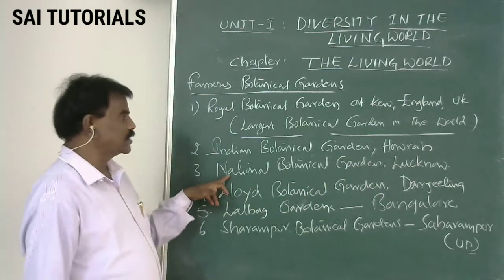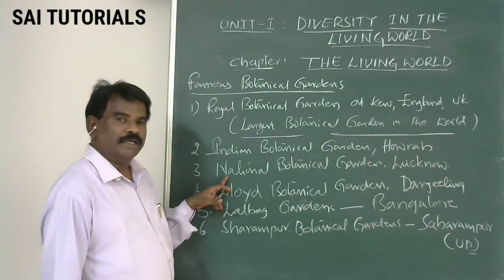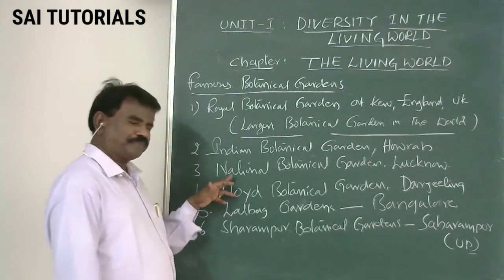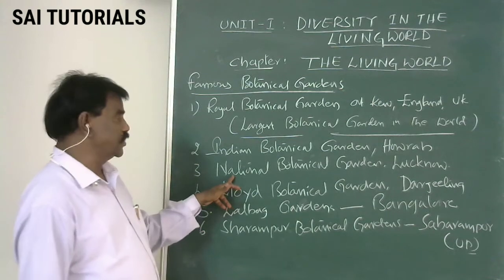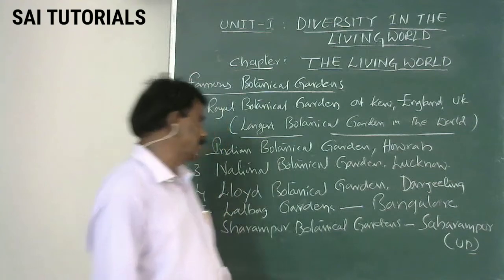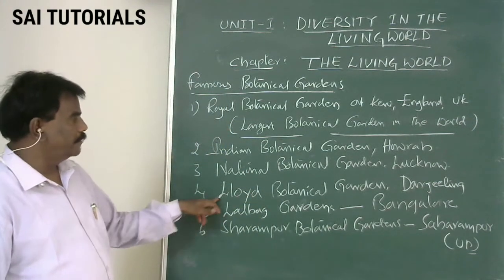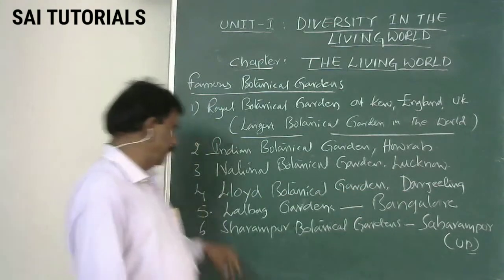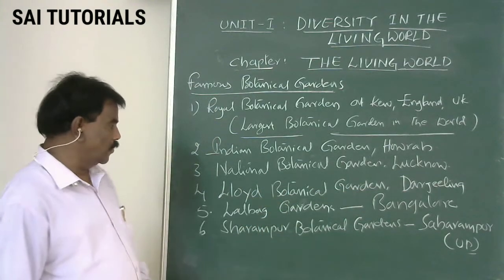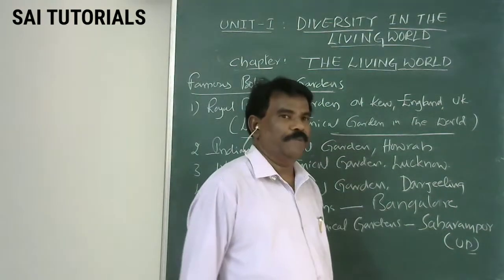These gardens are maintained by the Indian Botanical Research Institute. Indian Botanical Research Institute maintains the National Botanical Gardens. And Lloyd Botanical Gardens, Darjeeling, Lalbagh Gardens, Bangalore, Shahrampur Botanical Gardens, Shahrampur, UP.